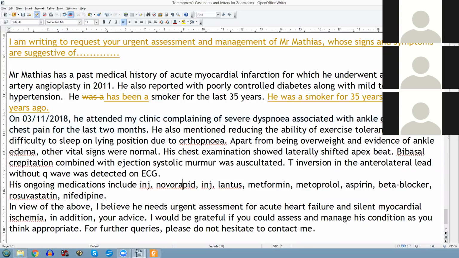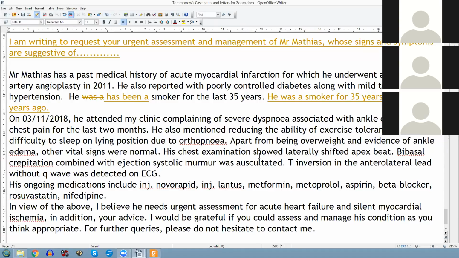"He also mentioned reducing the ability of what he was on." So how this reads, it reads as if he was talking about reducing the ability of exercise tolerance. So that's, "he also mentioned a reduction in his ability to exercise."